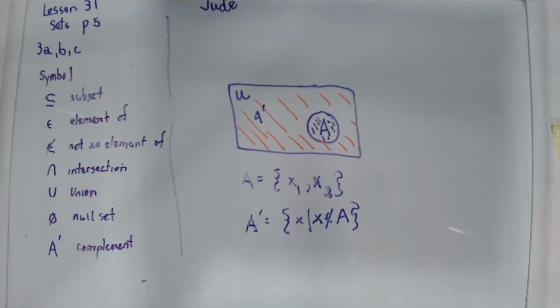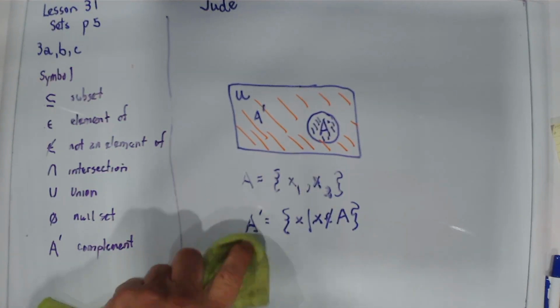Now let's take a look at your problems. Now that we've gone through it a little bit, let's see what the first problem is. And the first problem is 3A. Okay, I'm going to go ahead and erase that. And we're going to do 3A.